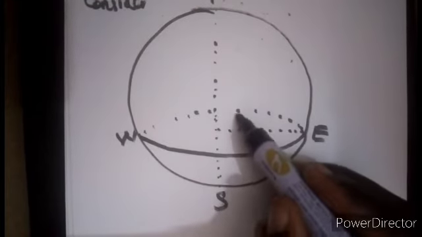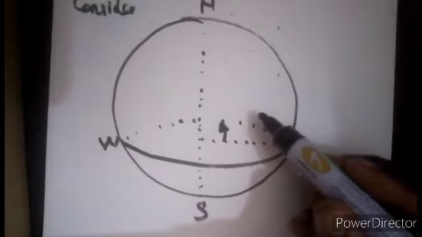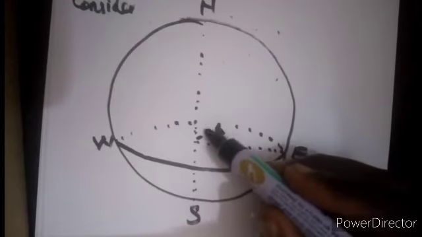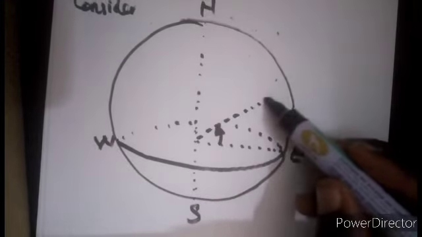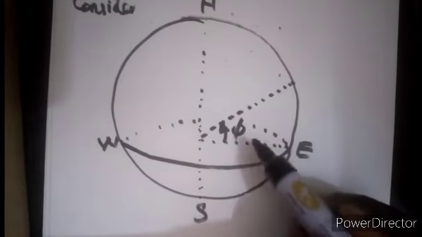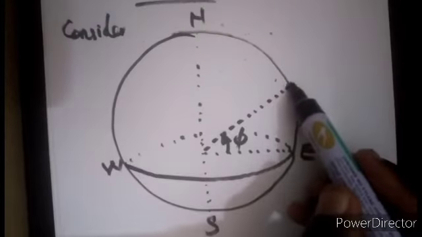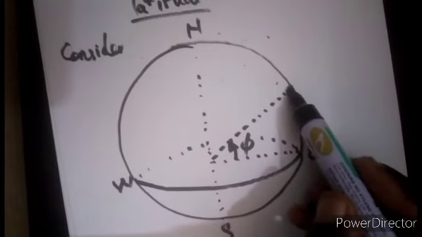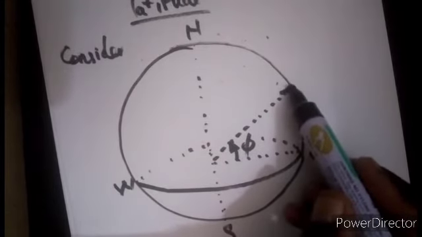Now, if you consider a latitude of 5 degrees north, at this point we'll have a circle, a small circle.